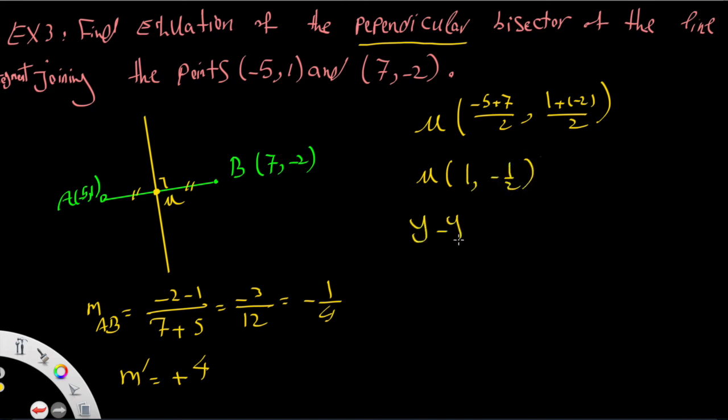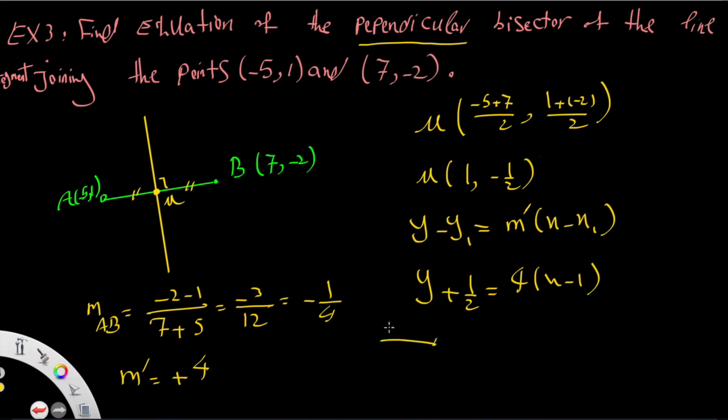So I use the formula y minus y1 is equal to gradient times (x minus x1). But gradient is gradient of this perpendicular bisector, which is actually m dash or m prime, gradient of perpendicular. So it would be y minus negative 1 over 2, which is y plus 1 over 2, is equal to 4(x minus 1).